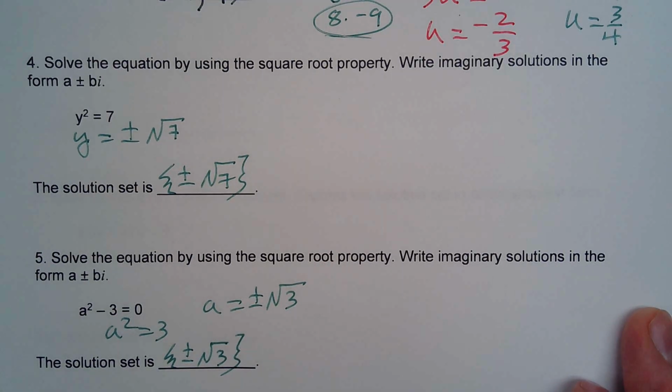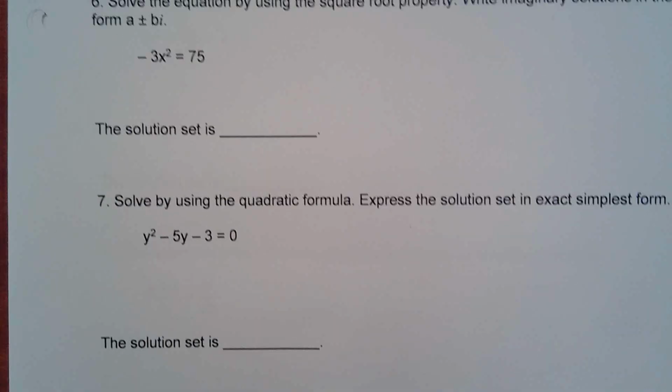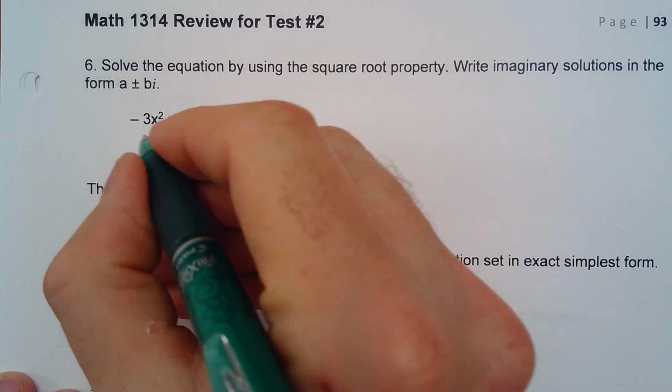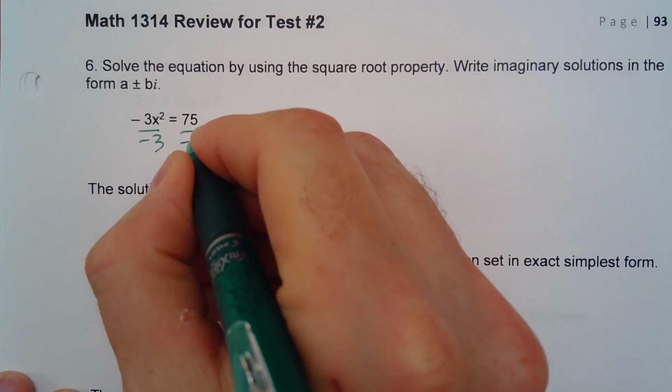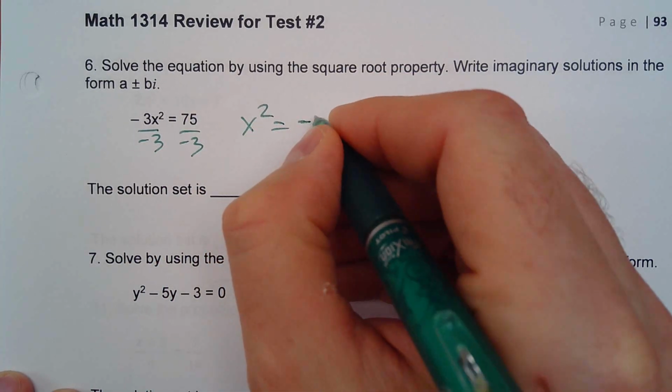All right, let's turn the page. So here we're going to have to divide by a negative 3. That gives us x squared equals a negative 25.